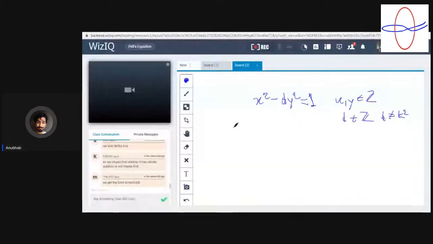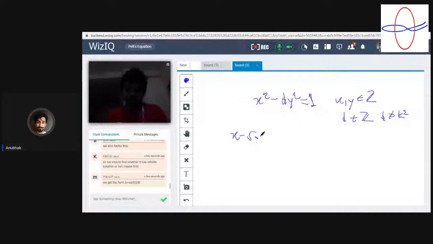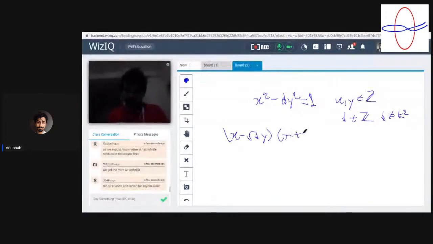Let's try to factorize this anyway, into (x minus root d y) times (x plus root d y) equals 1. So we want to find all integers of this form.